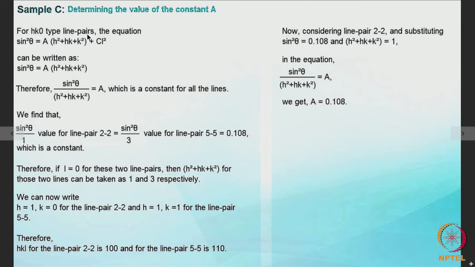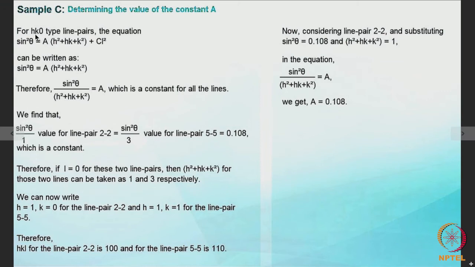If we have such lines in the pattern, then the equation sin square theta is equal to A into h square plus hk plus k square plus C l square can be written simply as sin square theta is equal to A into h square plus hk plus k square for hk0 type of lines.